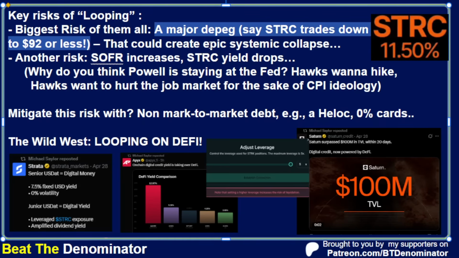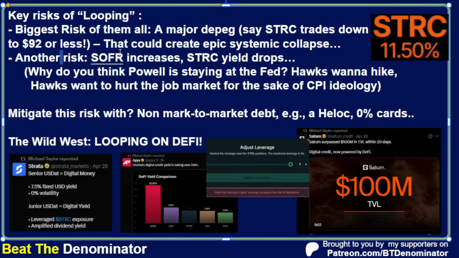And you could have, of course, systemic collapse, systemic liquidations, cascading liquidations. And of course, that was the big fear of the Japan carry trade when Japan started increasing the rates, because people had looped it way more than once. Hedge funds, not people, right? Hedge funds had looped it way more than once. So the depeg is one problem.